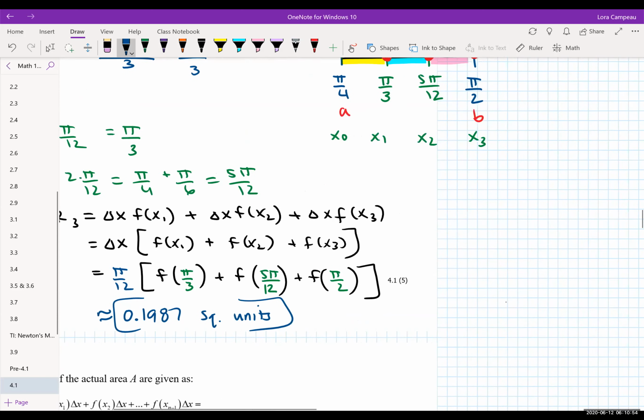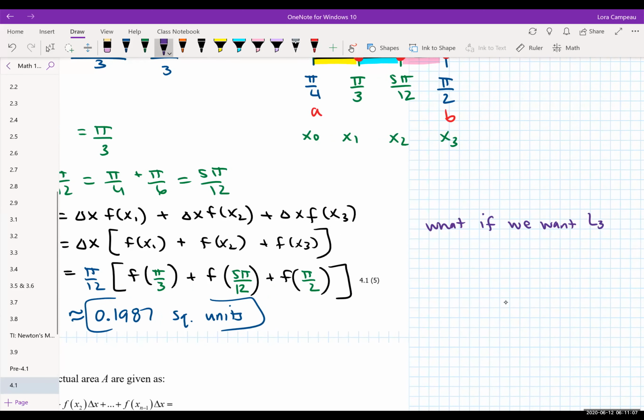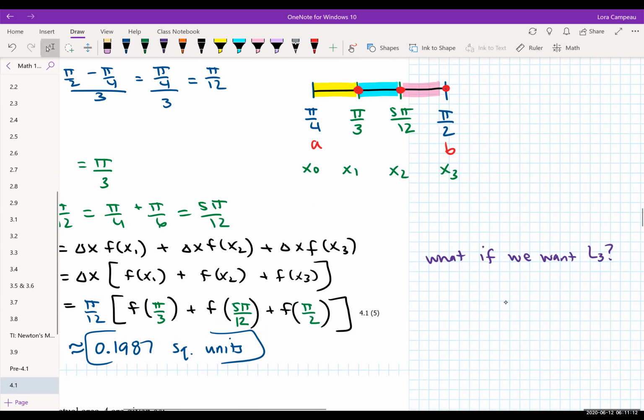And so the question would be, just so that we're clear on this, what if they asked for L3? What I do is look back at what endpoints I'd be using and draw a quick sketch of what you see.